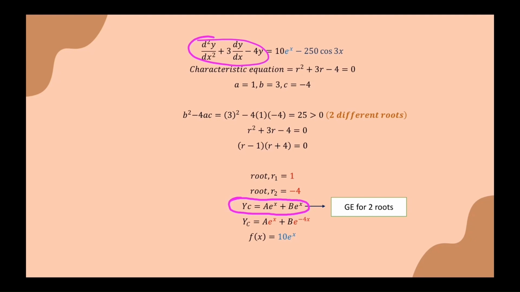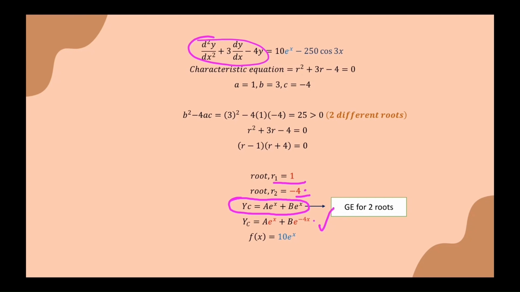We already have r1 equal to 1 and r2 equal to negative 4. All you have to do is substitute the values into the exponents. So we will get yc equals a e to the power of x plus b e to the power of negative 4x. That's how you get the equation for yc.